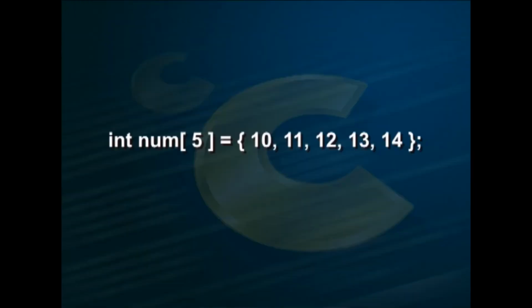The list of values is enclosed in braces separated by commas, and they must be constants or constant expressions. For example, int num[5] = {10, 11, 12, 13, 14}, where num[0] is initialized with 10, num[1] with 11 etc., num[4] with 14.